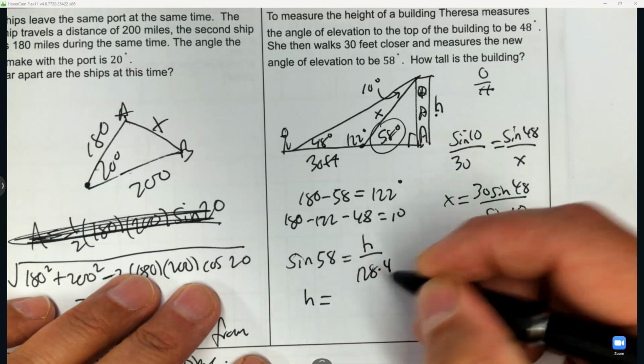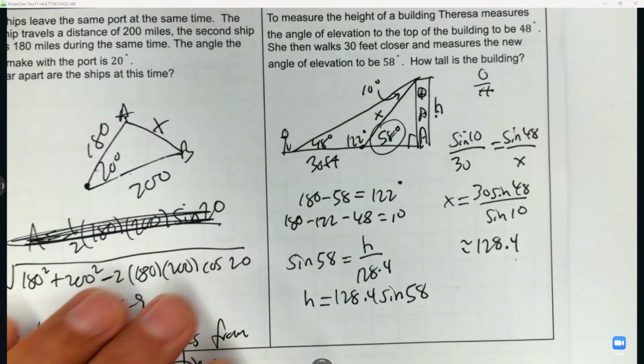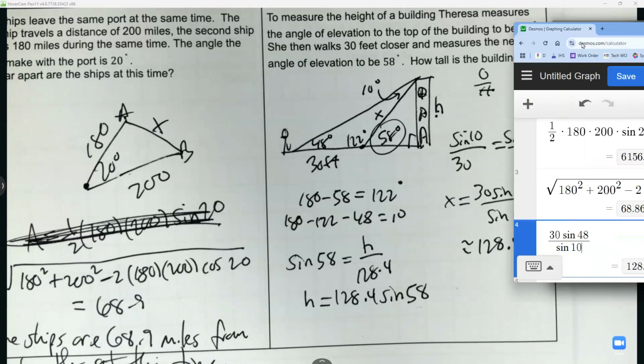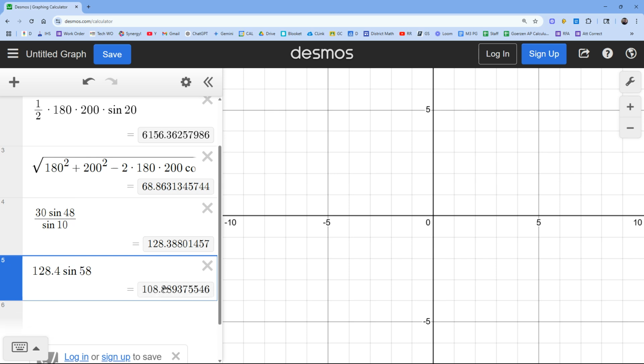Then to get h by itself, we multiply and then use our calculator. So it's 128.4 sine 58. That's 108.8 or 108.9.